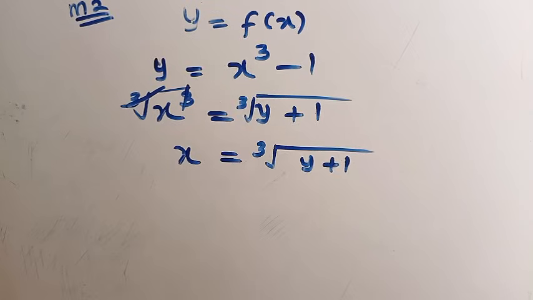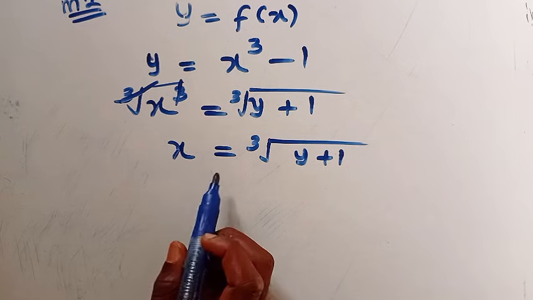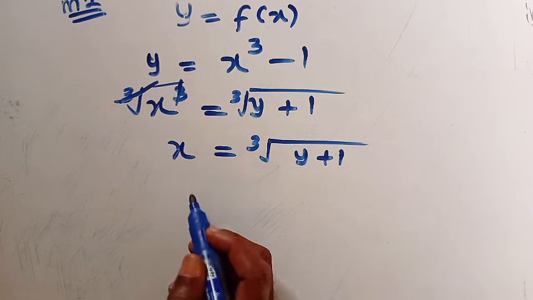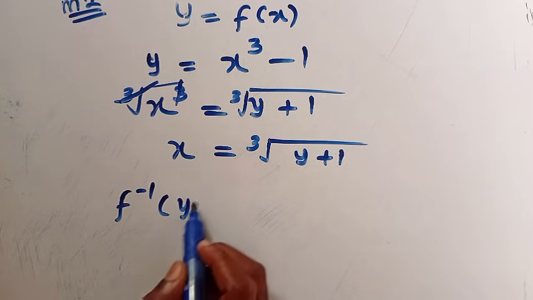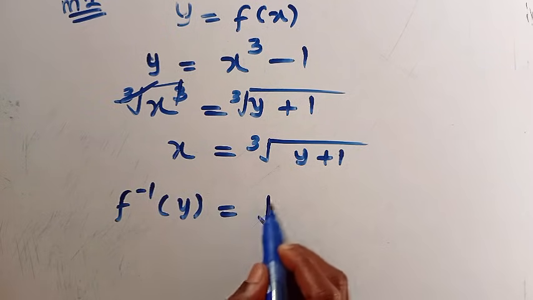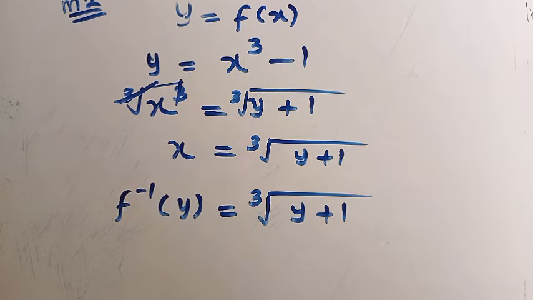Next, we are going to find the inverse. Note that if you have y equals f of x, then x equals f inverse of y. So by changing this to f inverse of y, we have the cube root of y plus 1.